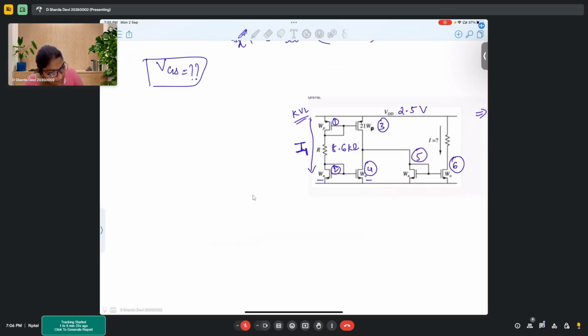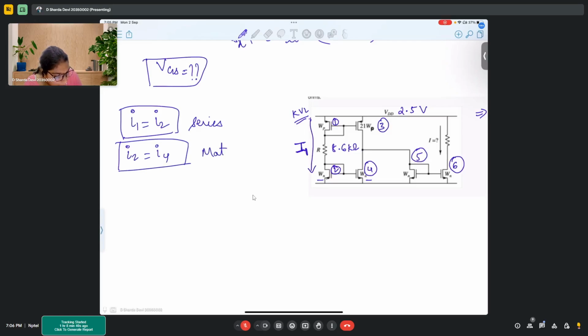To solve this, simply see I1 equals I2 because these two are in series. I2 equals I4. Why are these two equal? Because they are matched: VGS is the same, W is the same, L is the same, everything is the same. So I4 will be equal to I2. Now we know again I4 equals I3. This is because of series.